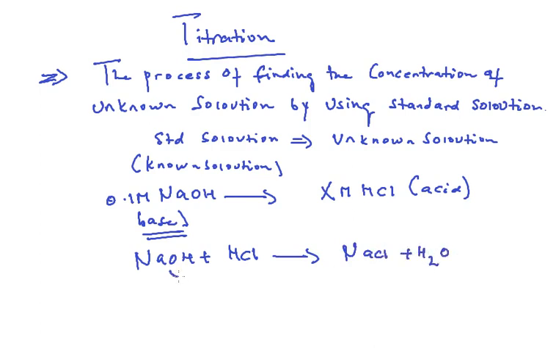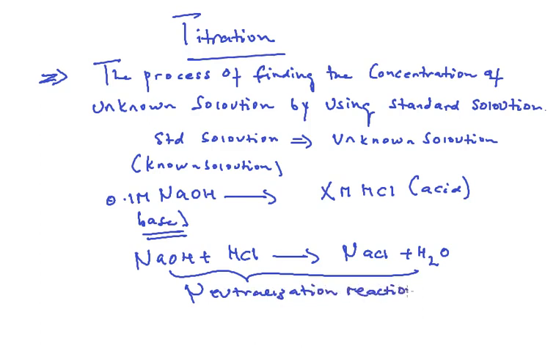By the way, a reaction like this nature is called a neutralization reaction. The reason why we say neutralization reaction is that the products that are formed are salt, which is pretty much neutral, and water. It's neither acid or a base. So how do we do titration here?